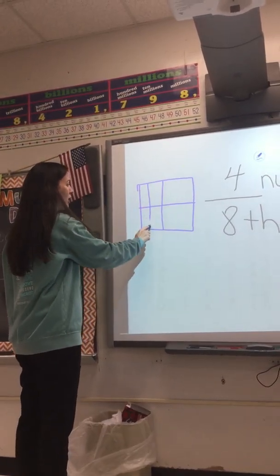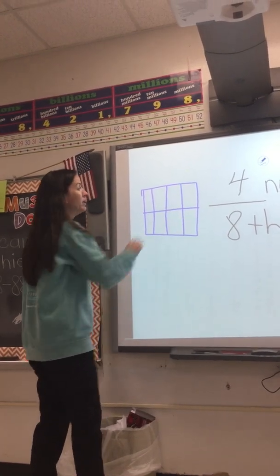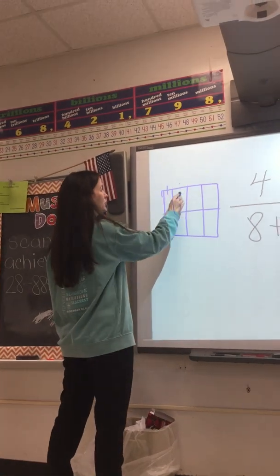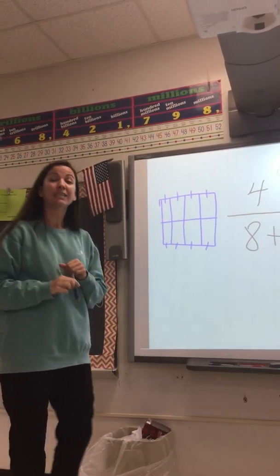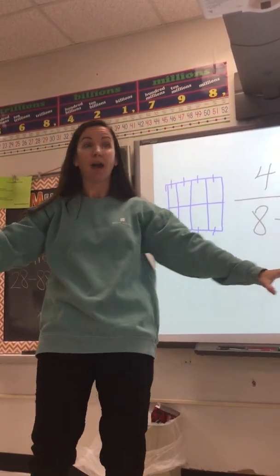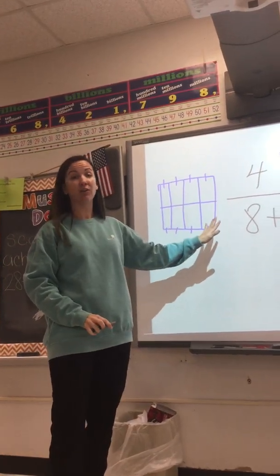I'm going to go ahead and draw a line on this. And I'm going to draw a line over here. So now let's check and see if we have 8 pieces. 1, 2, 3, 4, 5, 6, 7, 8. Just like an array, guys, we have to have the same number on top as we do on the bottom. So we have 4 on top and 4 on the bottom. That makes a total of 8.